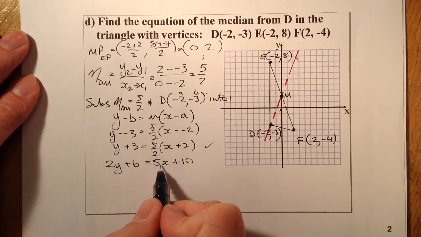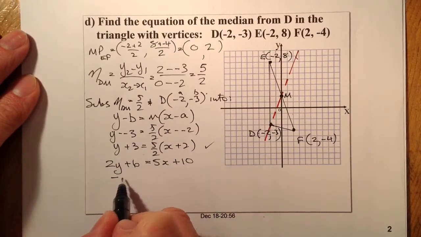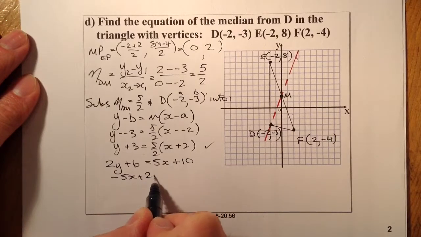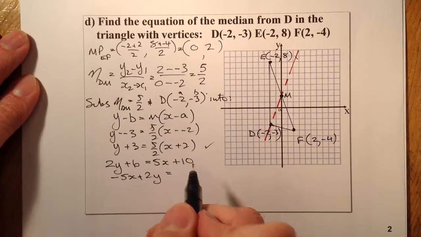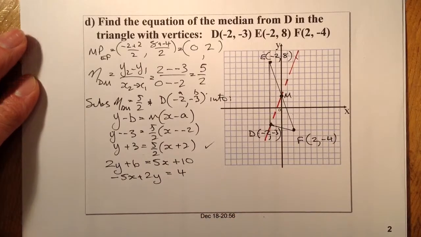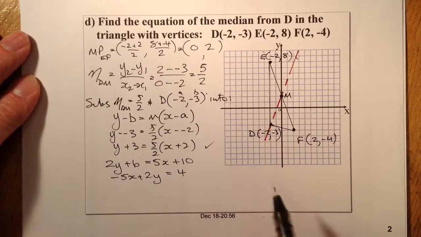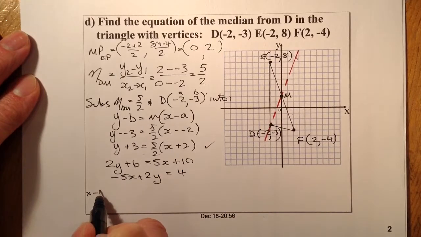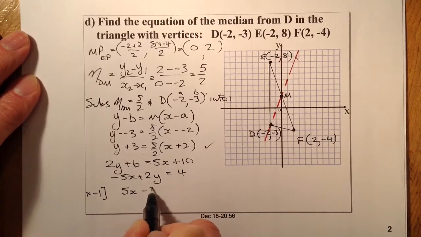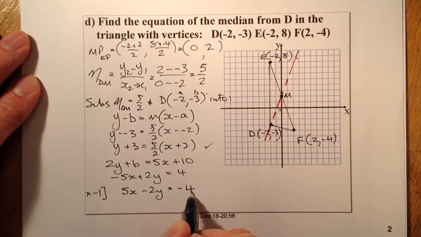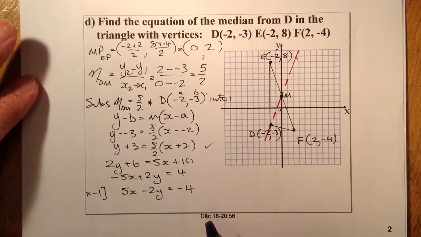What I'll do is get the x's onto the left hand side. So I've got minus 5x plus 2y equal to 10, bring the 6 over, that becomes minus 6, so that's going to give me 4 there. And if I wanted to tidy it up, I could just multiply by minus 1. That would give me 5x minus 2y equals minus 4. And that would be the equation ready to use for simultaneous equations.